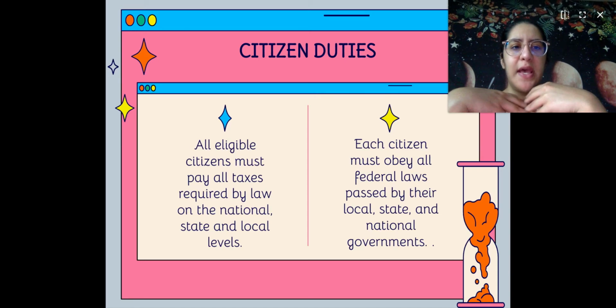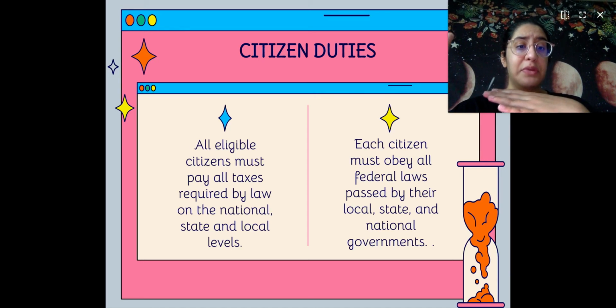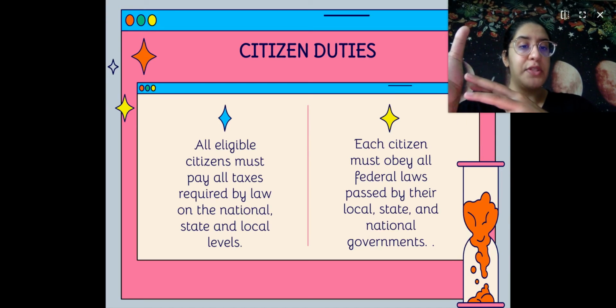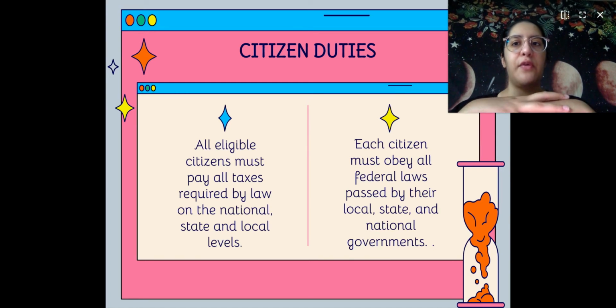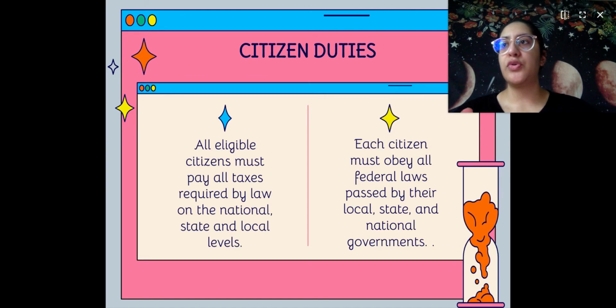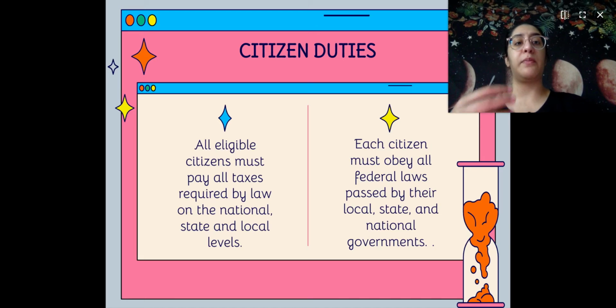It also means that in our previous slide, when we talked about assembly, where we have the right to assemble to peaceful protest, that if there is a law that we disagree with, we can work with our community to try and understand that law, or to try and change that law so it functions better for the people that are supposed to follow it.